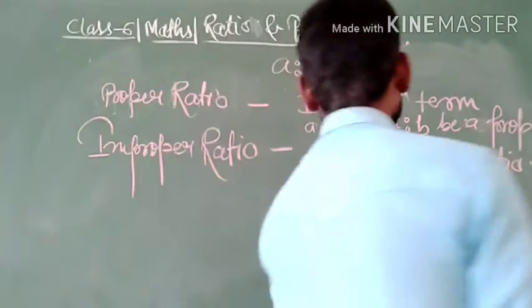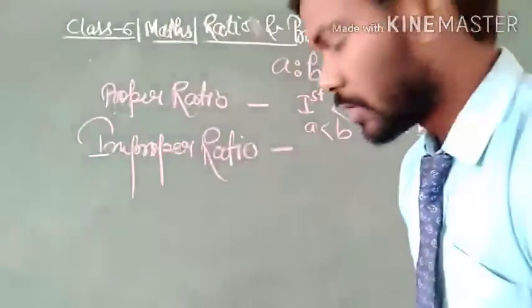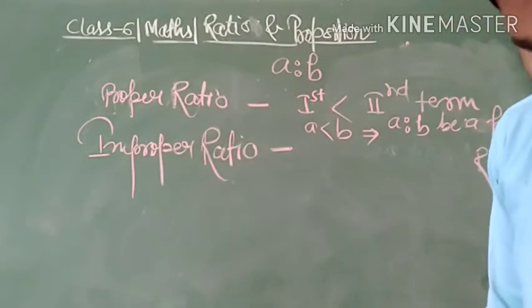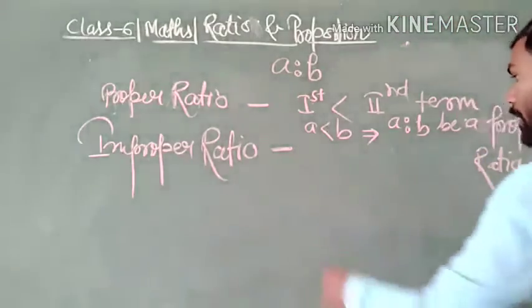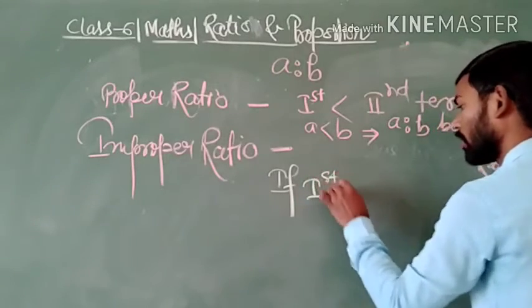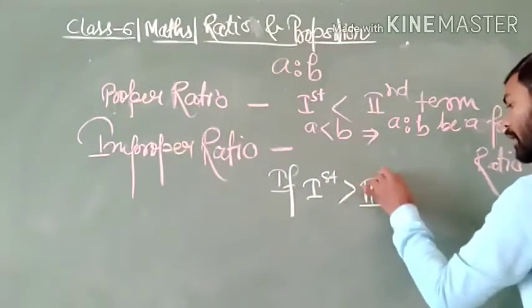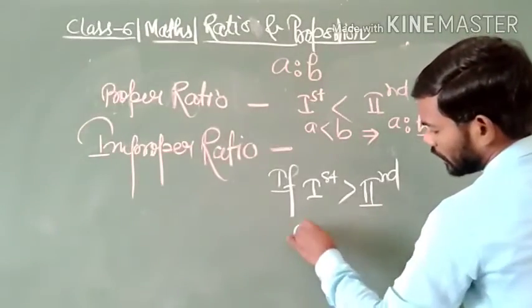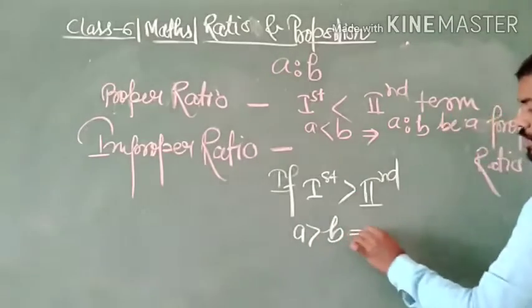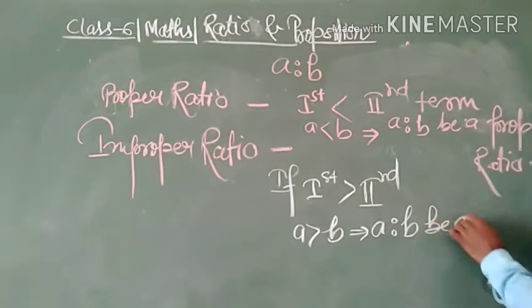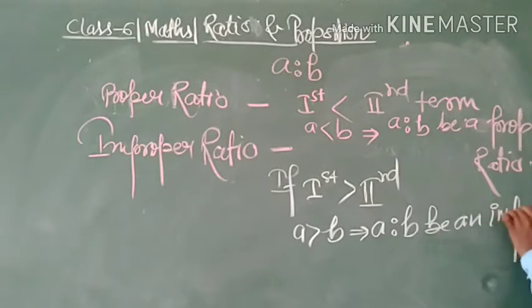When the condition becomes reverse, that is, if the first term is greater than the second term, A is greater than B, which shows that A is to B is an improper ratio.